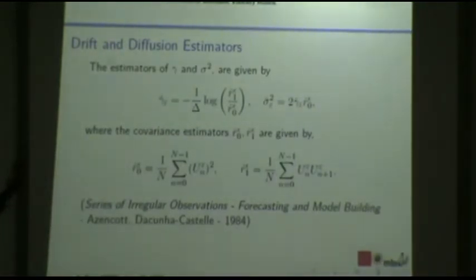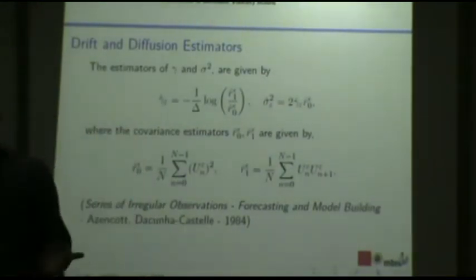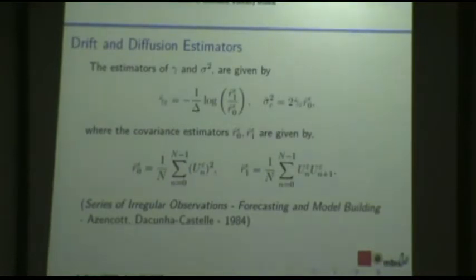Now again, in the direct observability case, that is if these observations were coming directly from the process X, it's a classical problem, and it has been shown that these converge at a rate of 1 over square root n delta.